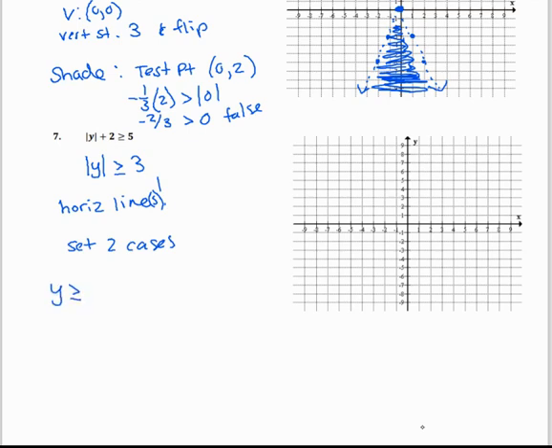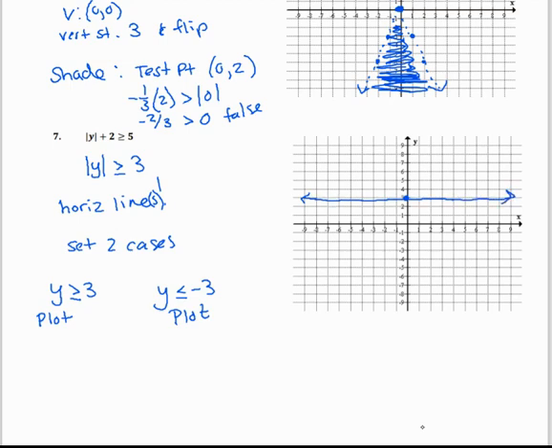Y is greater than or equal to 3, and y is less than or equal to negative 3. So we're going to plot both of these. When we do y greater than or equal to 3, we go to my y value of 3, and it's a horizontal line that's going to be solid because we're greater than or equal to.